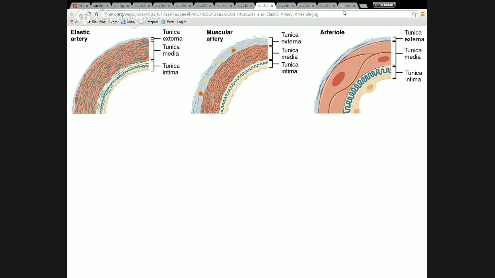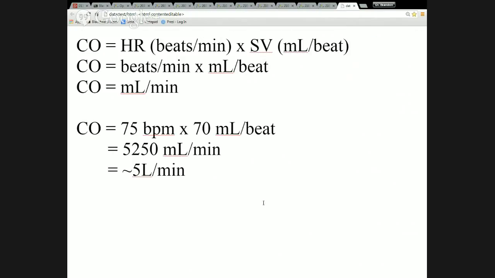Now, I just want to make a point about this word arteriole, because there's 2 words that you'll hear me say. There's arteriole and arterial. Okay. In pronouncing them, I really try to stress the O sound in arteriole. And if you don't hear that O sound, then you can assume I'm saying arterial.